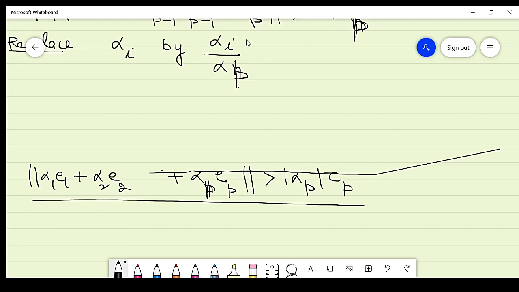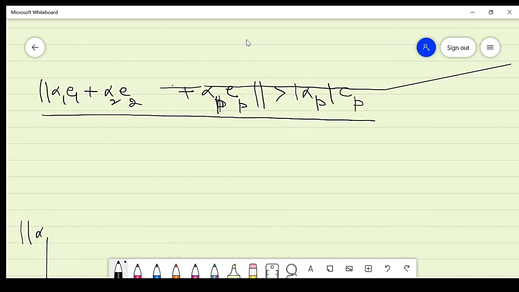So here remember that norm. So this is greater than the minimum of, so we can do it similarly, we can find Ci greater than 0. So here we did it for Cp.